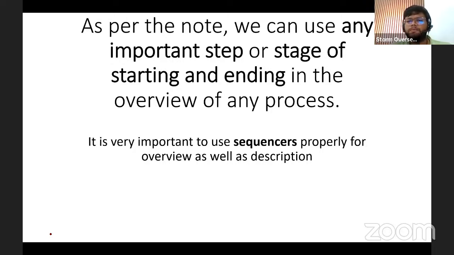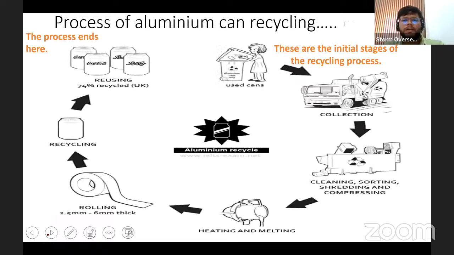So let's write the overview of that process. I have mentioned this: the first use of cans and the collection are the initial stages, and the process ends with recycling and reusing those cans. I just need to frame these two stages, starting and ending, in my sentence, and I will be able to write my overview easily.